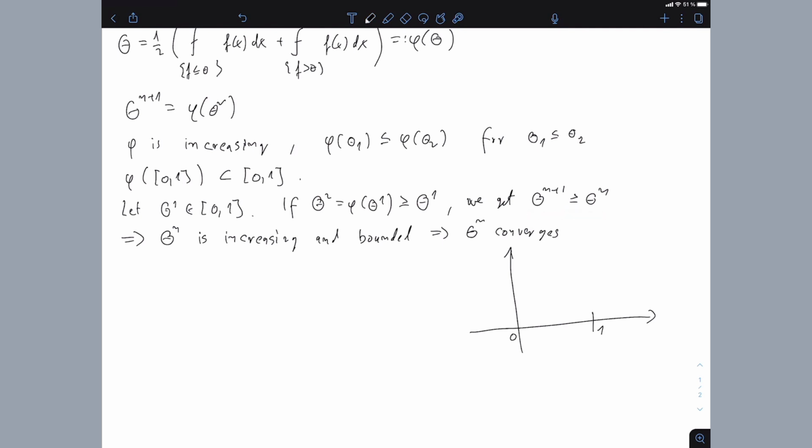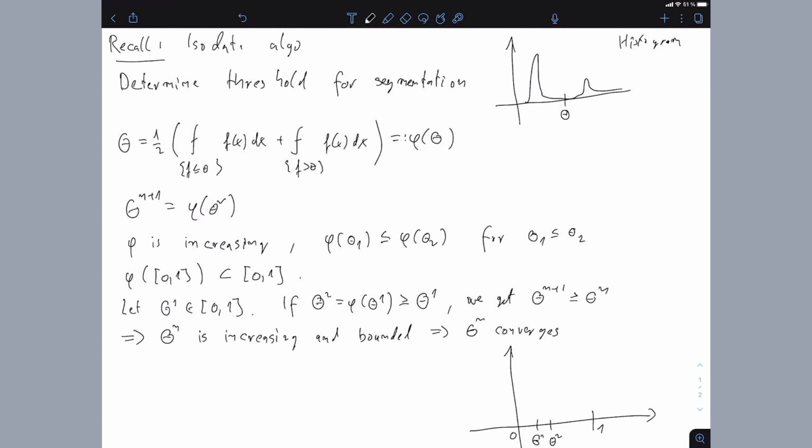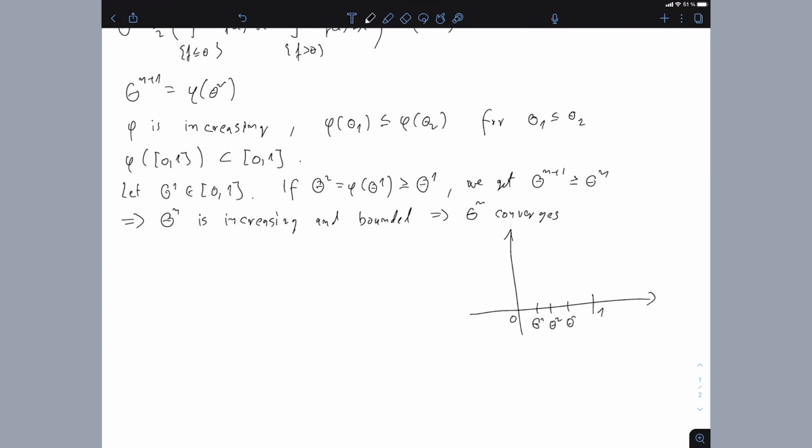That means we have theta 1 here, I put the index on top, then theta 2 has to be right of it because it's increasing, and theta 3 has to be further right. So we're going always further to the right, but we can never exceed 1 since it's bounded. So it has to stop at some point, and probably not at 1, we can end before. But since we must increase and we have an upper limit, there has to be convergence.